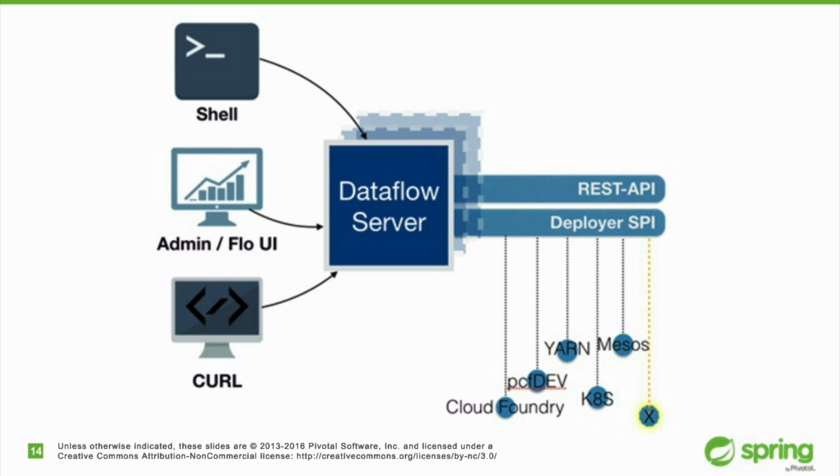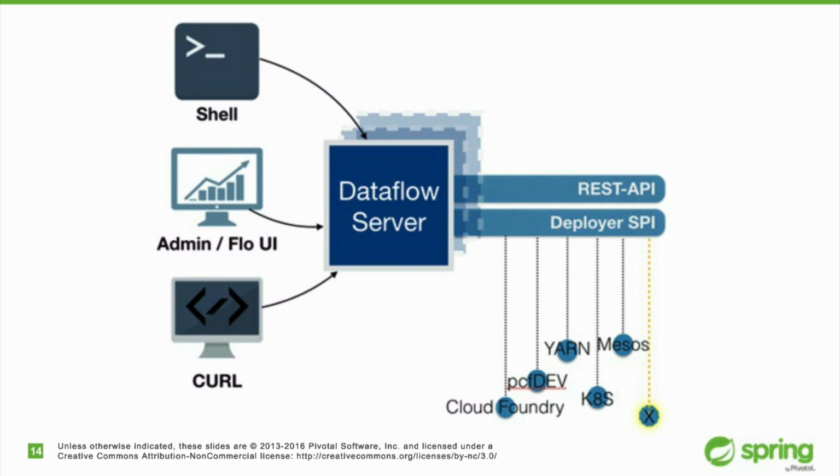All of them talk to the Dataflow server through the same REST API, which is responsible for taking the incoming request of the DSL description, parsing it, and then figuring out which individual applications it should deploy and with what properties they should have.